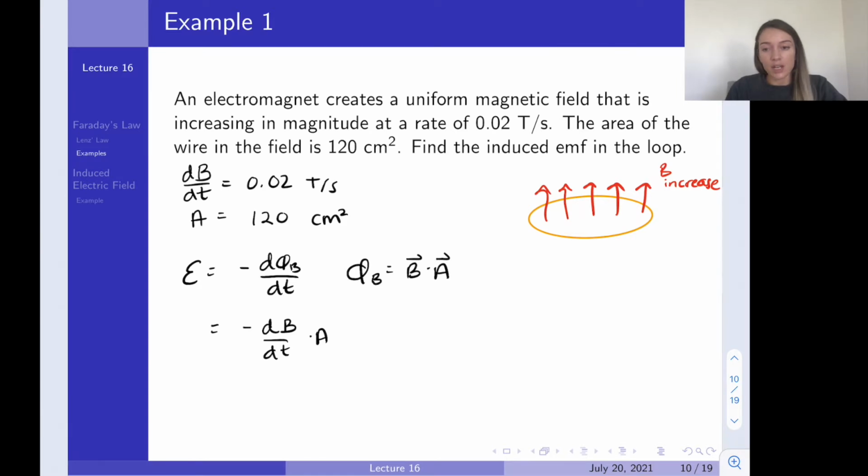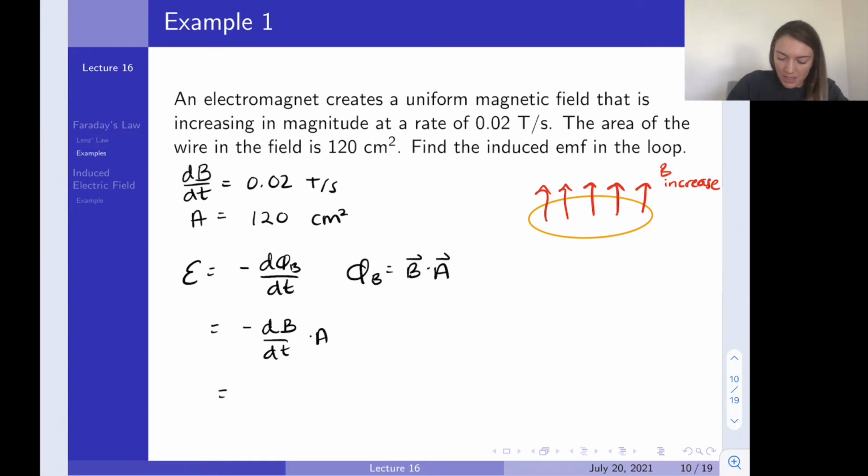So the only thing changing here, the area is not changing. We know the time derivative of our magnetic field is 0.02, so the only thing that's changing here, I can just rewrite the time derivative of the flux as the time derivative of the magnetic field times the area. So I can just plug these two things in now.